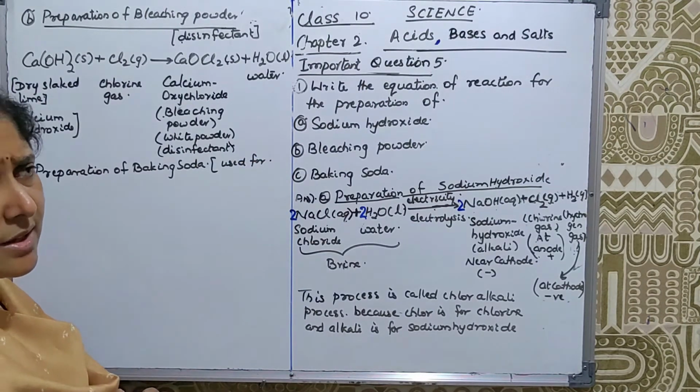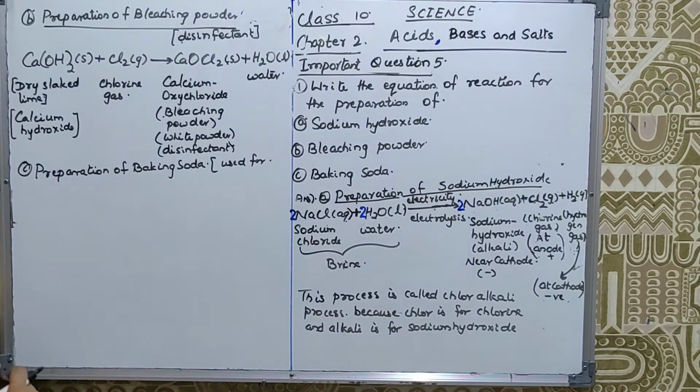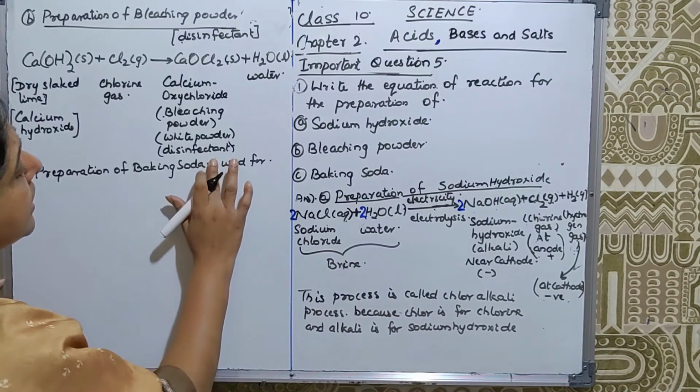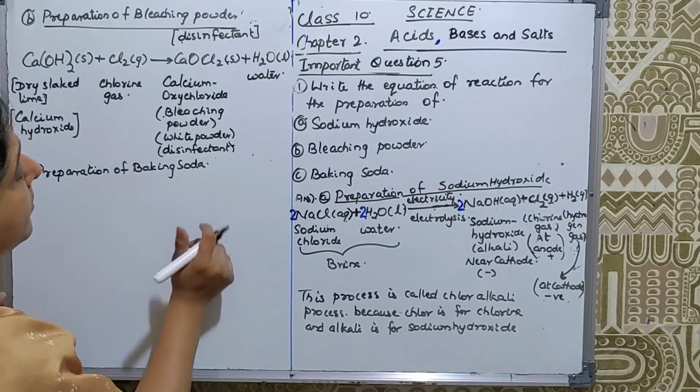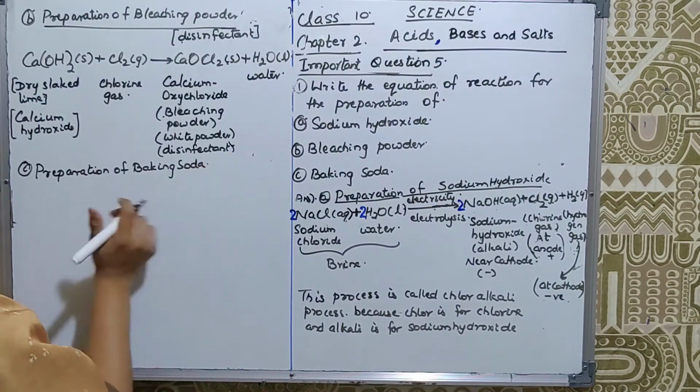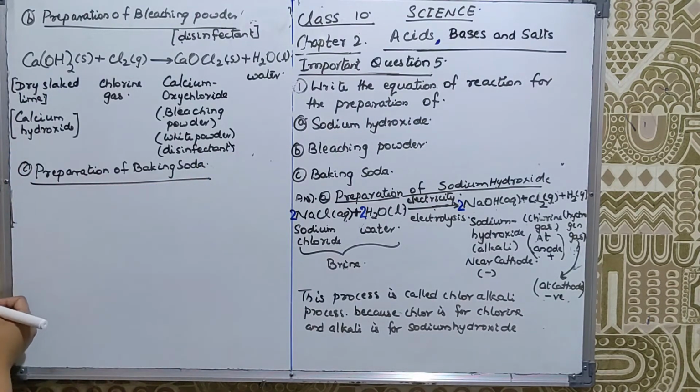Actually, some more questions are there. It is used as an antacid, for making baking powder, and in soda acid fire extinguishers. But the main question is the preparation of baking soda.